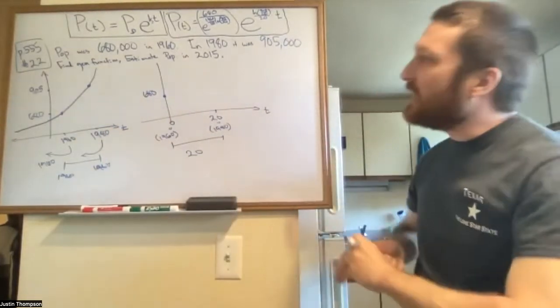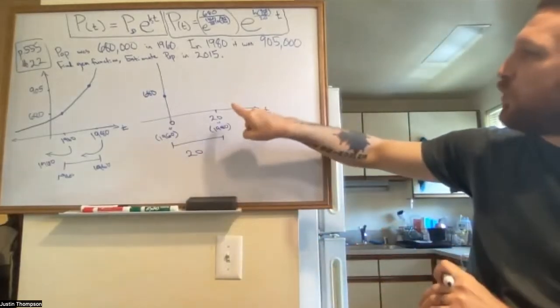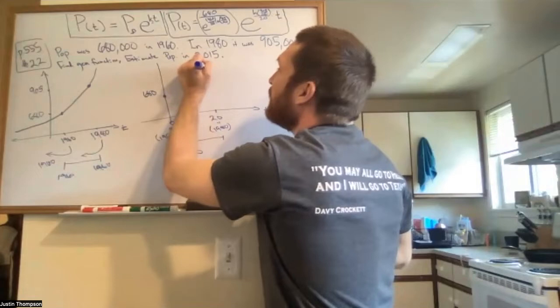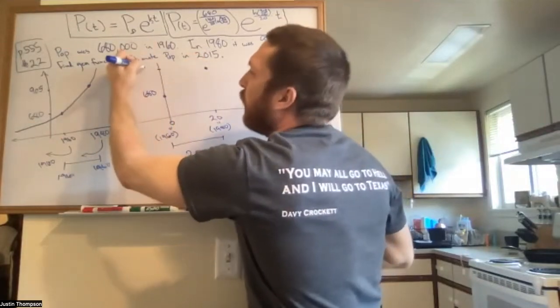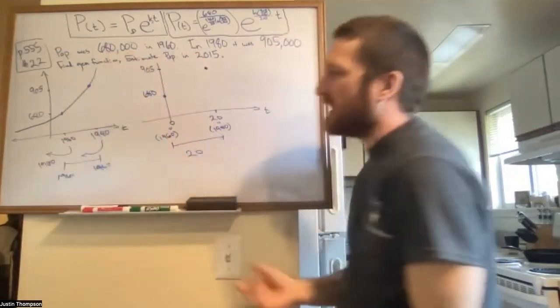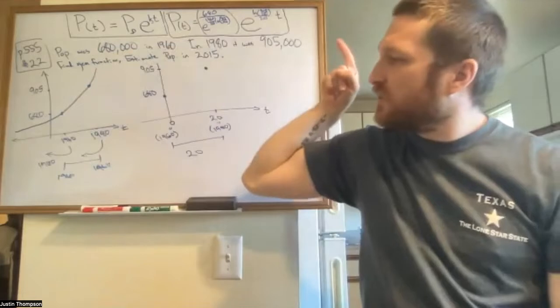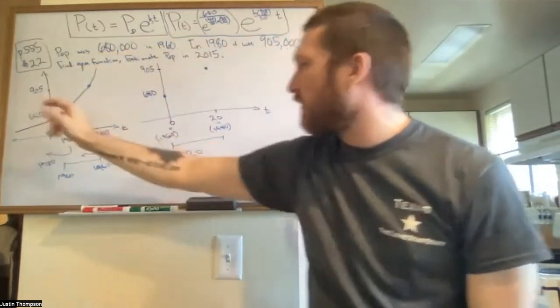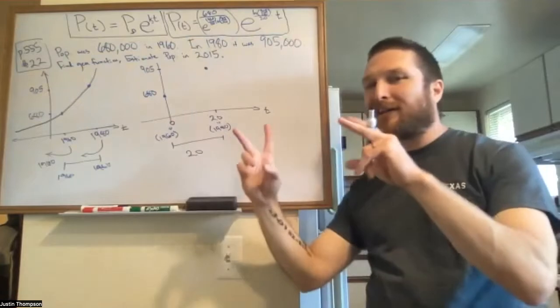And so now when I plug in a 20, I get out a 905. So it's the same picture we did before. The only difference is I just took this picture here and dragged everything to the left until my first data point went through here at what I'm calling year 0.